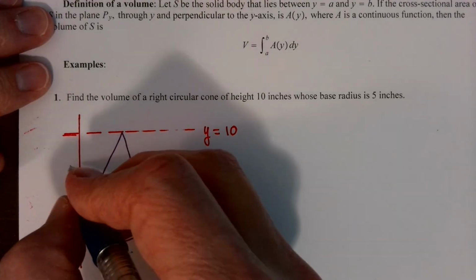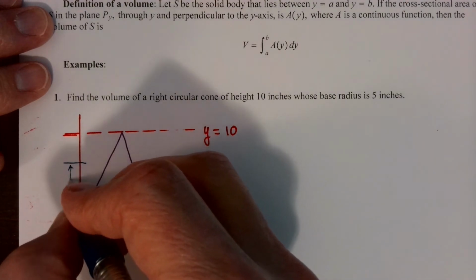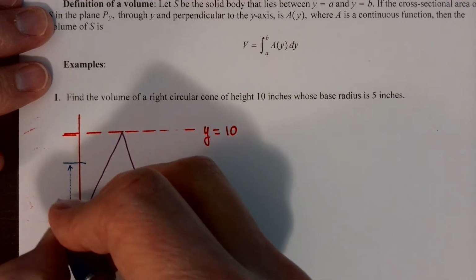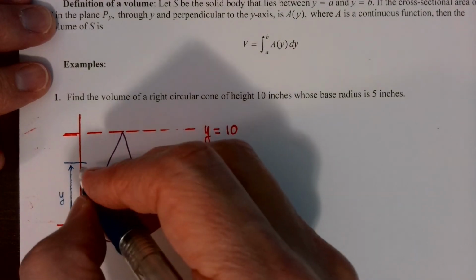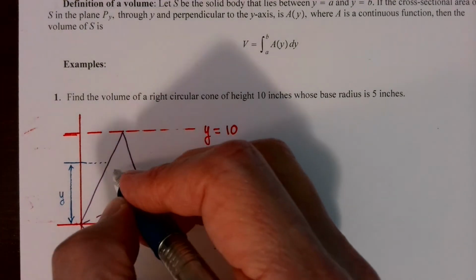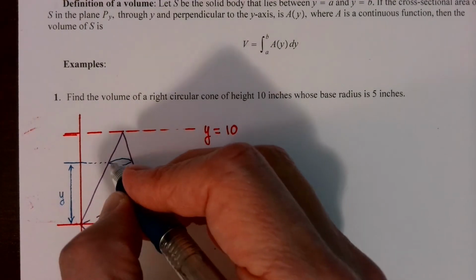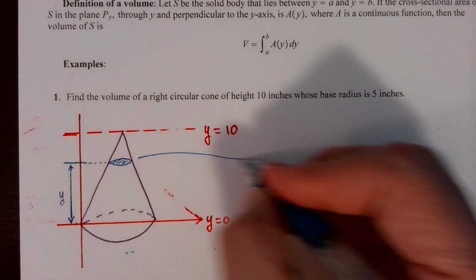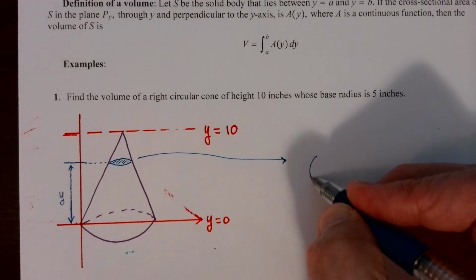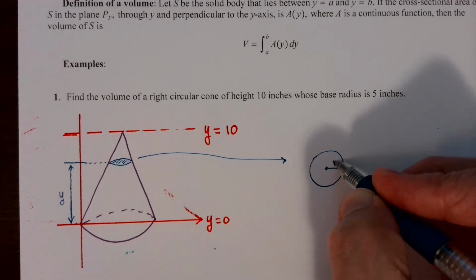So I'm going to come up here to an arbitrary height y, and look at the intersection here. I'm going to take out a little tiny slice, and obviously this time we are going to have a circle, right? If I slice through there and pull that out, what do I have? I have a circle, and the radius, we'll just call that r for that little circle.